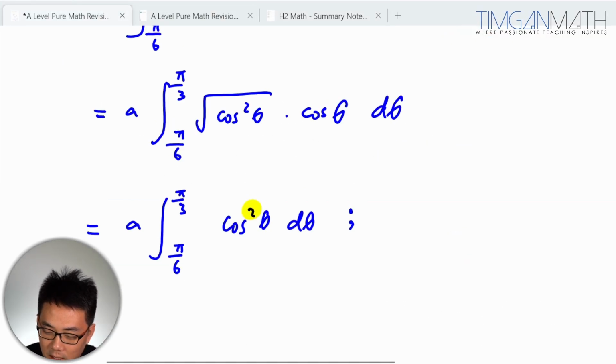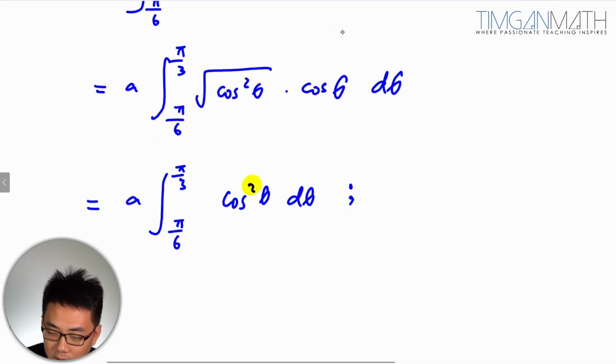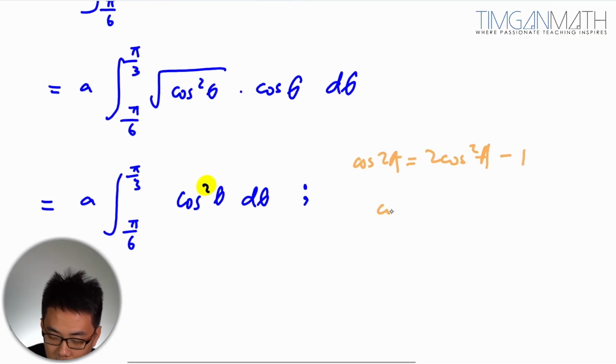So of course, you can reduce this to a single degree here. This cosine square a is actually just, use this double angle found in MF26, cosine square a equals to cosine 2a plus 1 over 2.